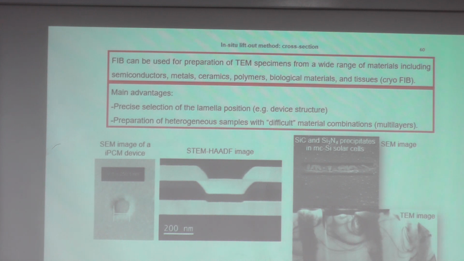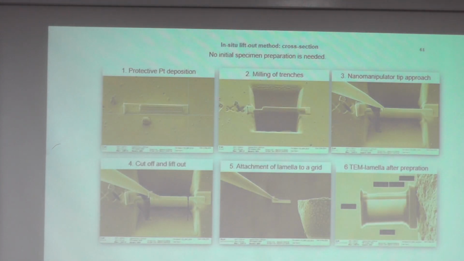But anyway, we could prepare both the filaments and the silicon in one lamella using FIB. Sometimes you have some problems with defect formation, but in many areas it works. So this is also the advantage of such a FIB system for preparing so-called difficult materials which have different hardness. So how does it work?